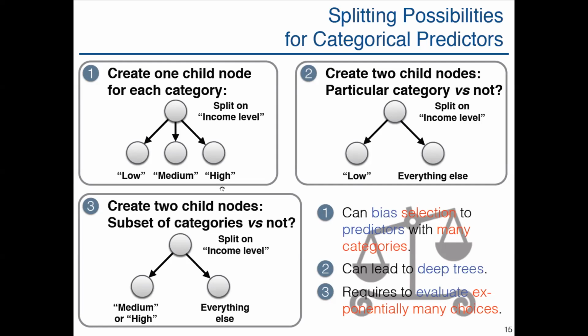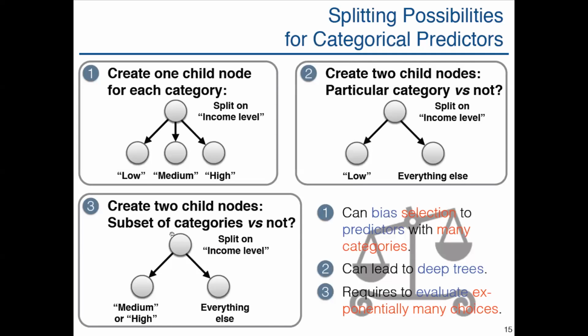So in this case, we have only 3 possible values, low, medium, and high. But think of a variable which has more than this, for example, 5 possible values, 6 possible values as a categorical variable. The subsets are going to increase exponentially. So it's very costly to choose this method.